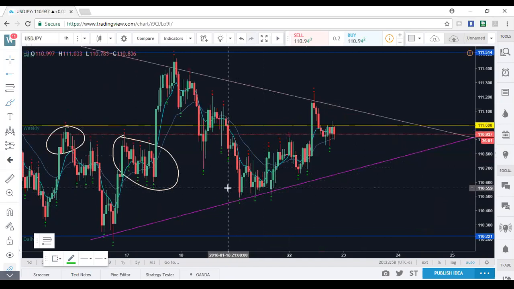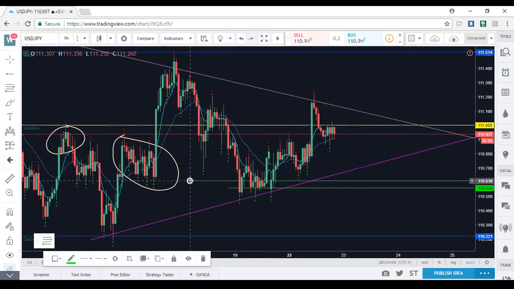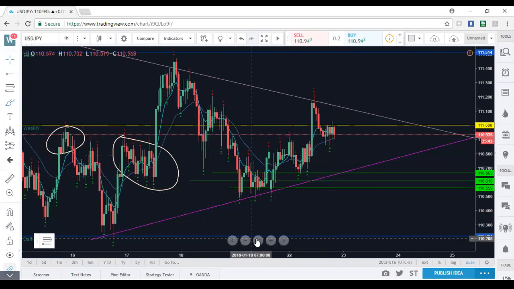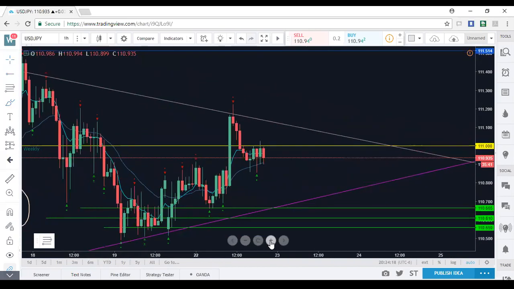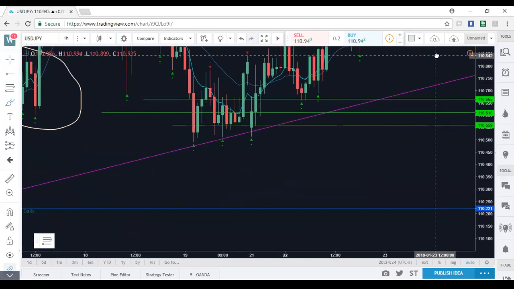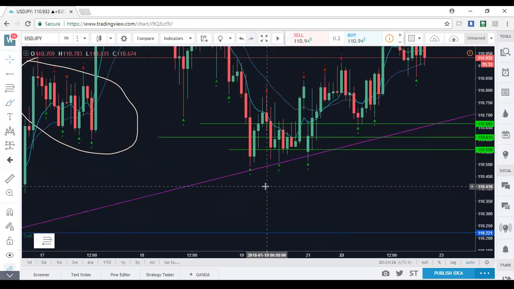So what I'm going to do is use this tool right here, and I'm going to highlight some structure points. Let me zoom in. This is like a preview of what's coming Thursday. All right.